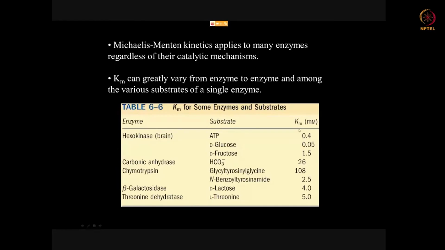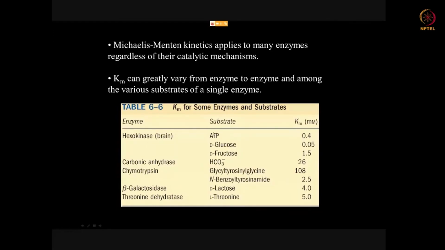So here are Km values for some of the commonly known enzymes with the given substrate. Hexokinase is the one that phosphorylates glucose to glucose 6-phosphate. That's the starting step in breaking down glucose to make ATP.